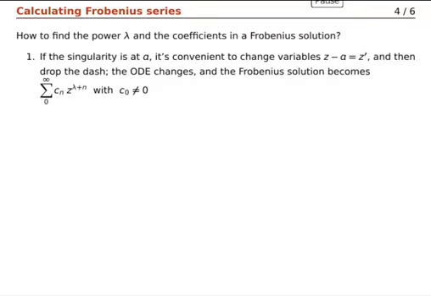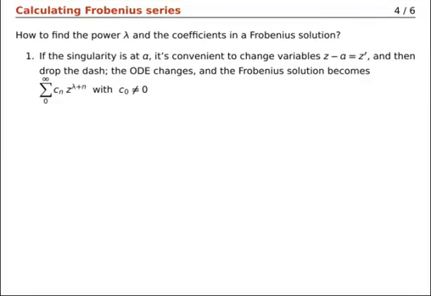Now, how do we find the power lambda and the coefficients in a Frobenius solution? Well, first, before answering that, we make a technical improvement. We simplify the form of the Frobenius series by changing variables. If the singularity is at A, we define a new variable z dashed equal to z minus a, and then you see z dashed is 0 at the singularity, so z dashed is a more convenient variable.